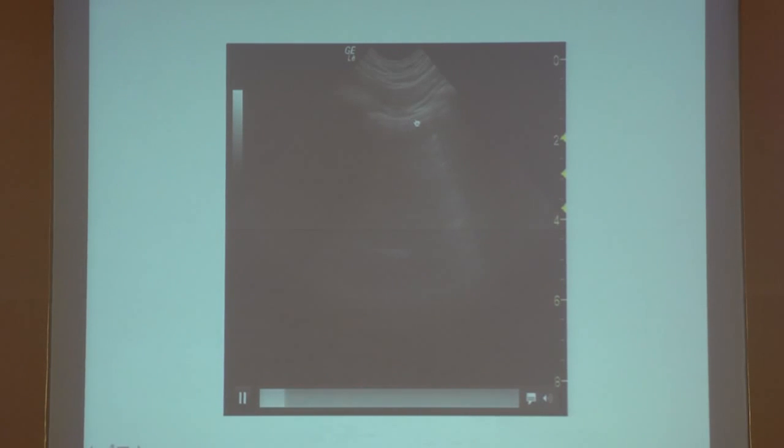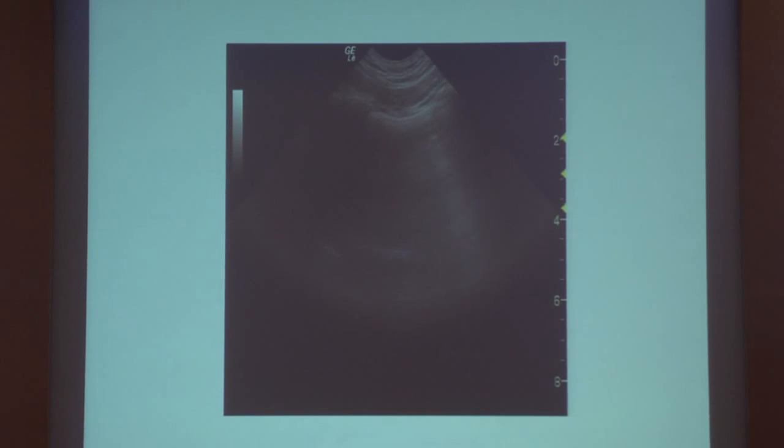I'm sure you can see a white line that moves from side to side. That indicates the pleura. This is a normal pleural movement that you see. And below the pleura, you have the lung, which is nothing very distinct in my lung. Hopefully, I am pretty much normal, so you won't see anything there.